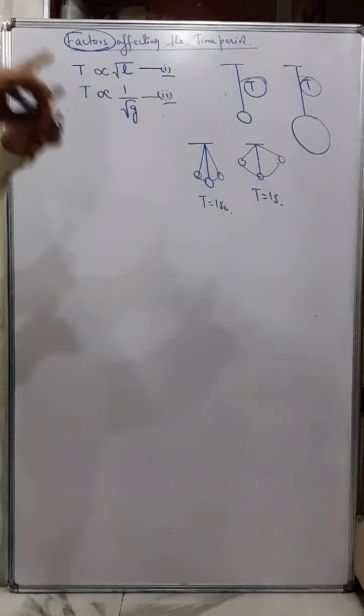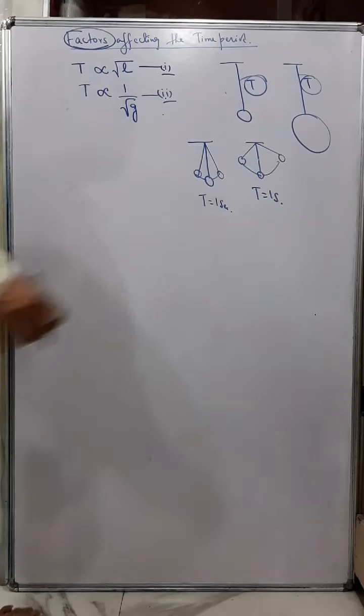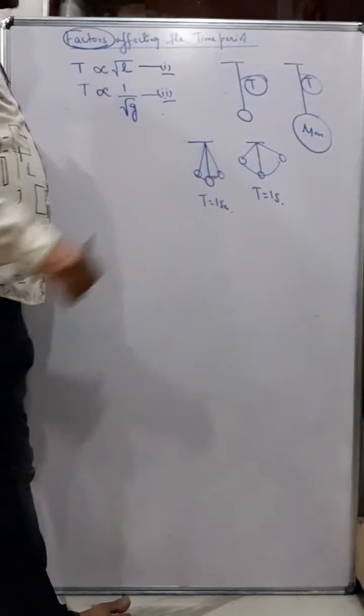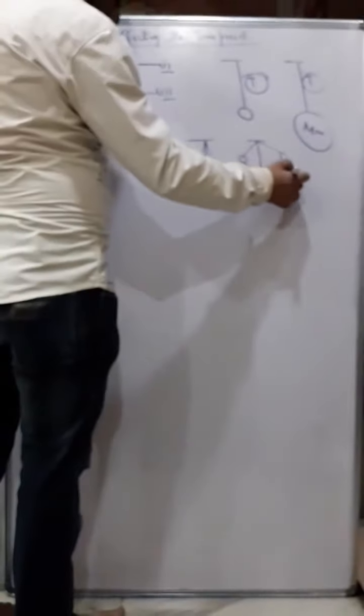The time period remains the same. The time period does not depend on amplitude. So the time period depends on length and acceleration due to gravity. It does not depend on the mass of the bob, and it does not depend on the amplitude of the pendulum. It's very important, so you have to remember this.